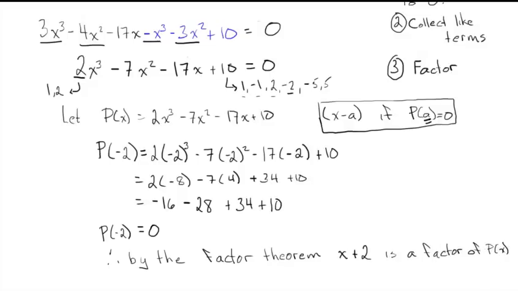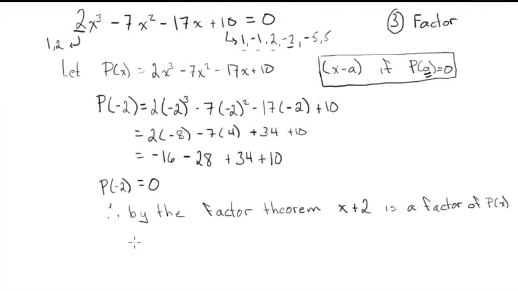So that means we can do some long division and divide x plus 2 into 2x cubed minus 7x squared minus 17x plus 10. So we'll have to do that.